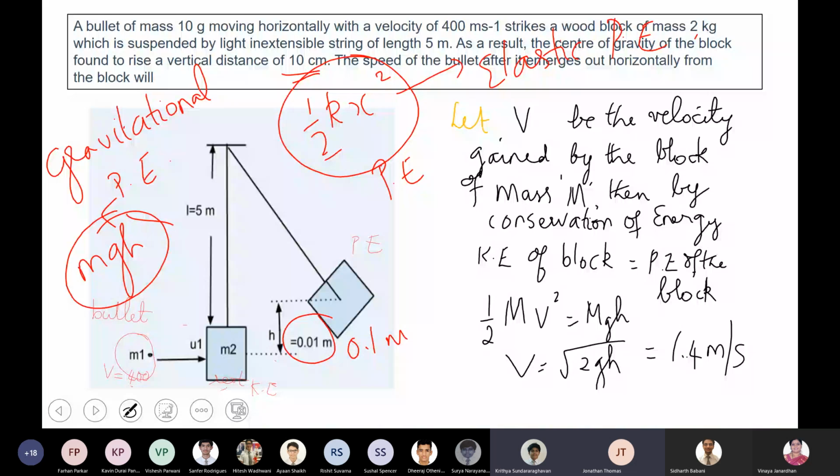How do you know that it's an elastic collision for conservation of energy to be true? See, when you are talking about elastic collision, it's only the conservation of kinetic energy.